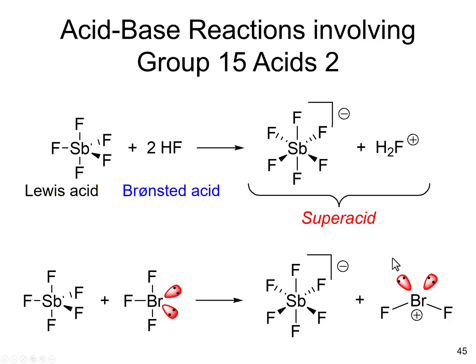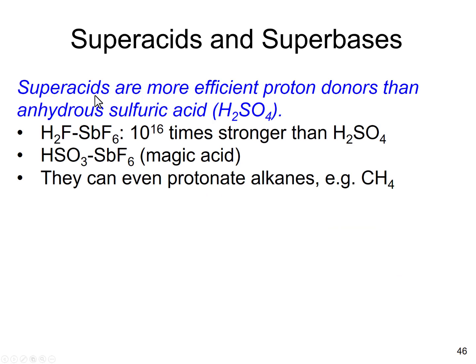BrF2 cation. Since we are talking about superacids, we also need to define what is meant by superacids and superbases. Superacids are more efficient proton donors than anhydrous sulfuric acid. Now, when we refer to superacids, we are referring to proton donors, and so you realize that superacids refer to Bronsted acids.